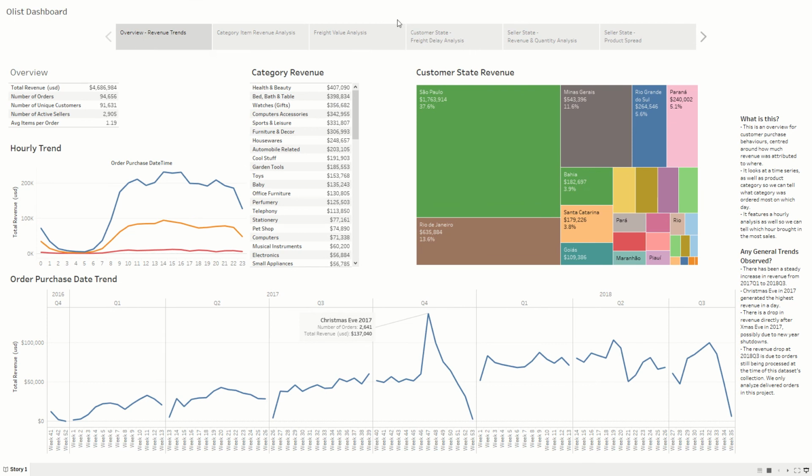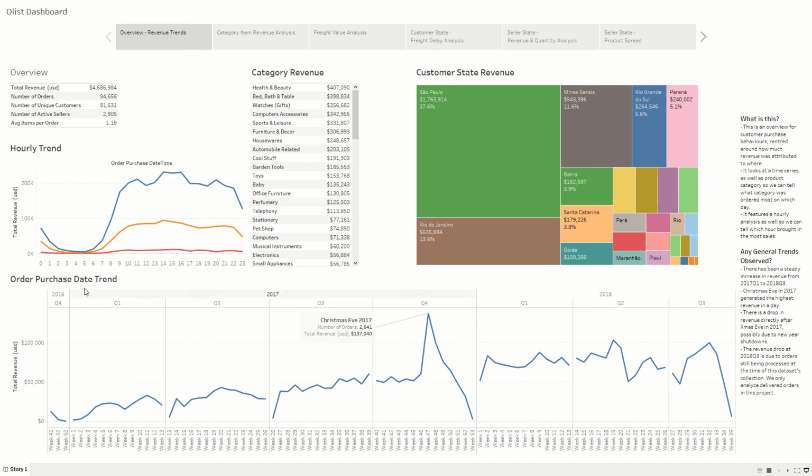Basically we have six dashboard stories within here. The first one acts more or less like an overview of the entire data set, so someone that's new can come in and see an overview of the performance.